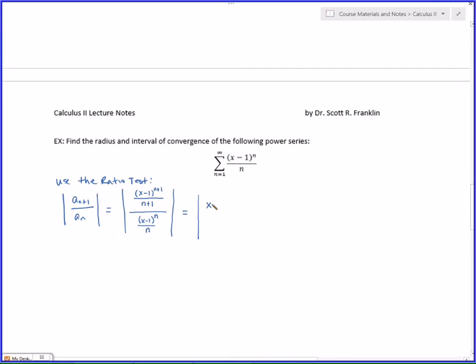Invert and multiply: x minus 1 to the n plus 1 over n plus 1 times n over x minus 1 to the n.